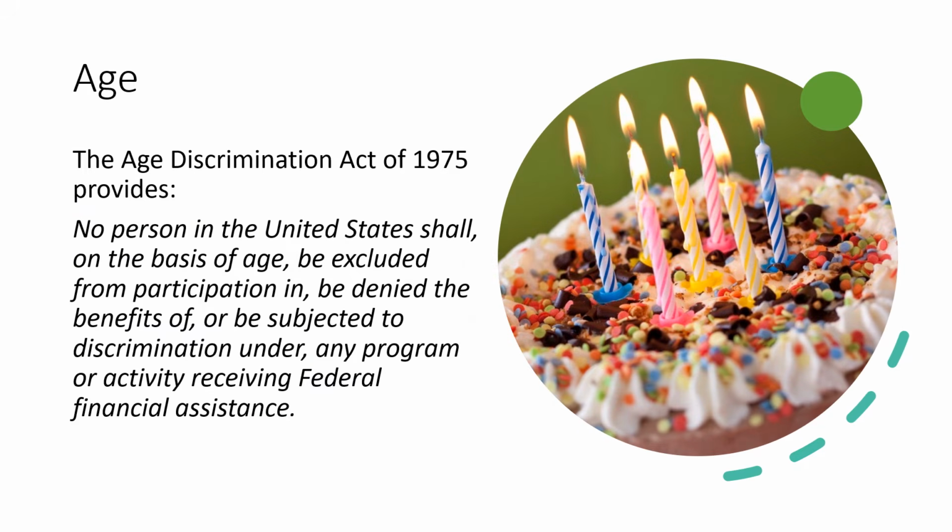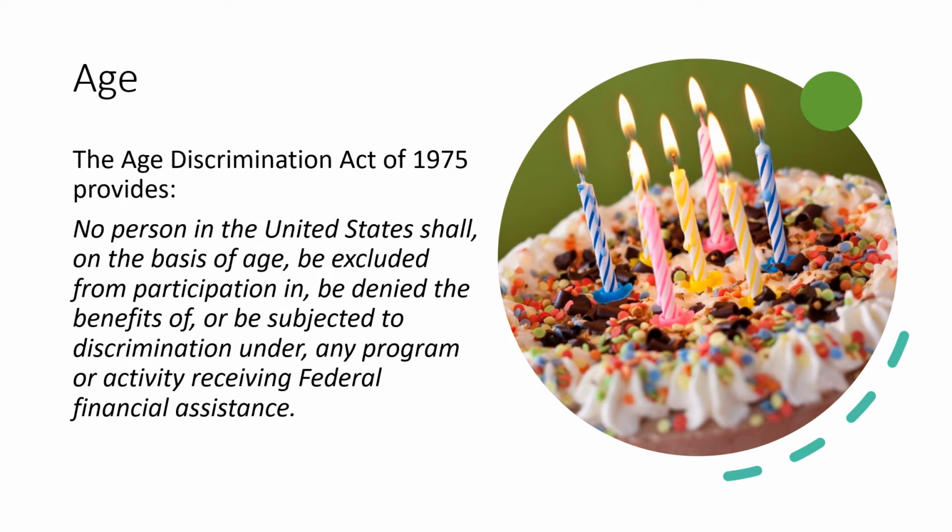The Age Discrimination Act of 1975 ensures that no person in the United States shall, on the basis of age, be excluded from participation in, be denied the benefits of, or be subjected to discrimination under any program or activity receiving federal assistance.